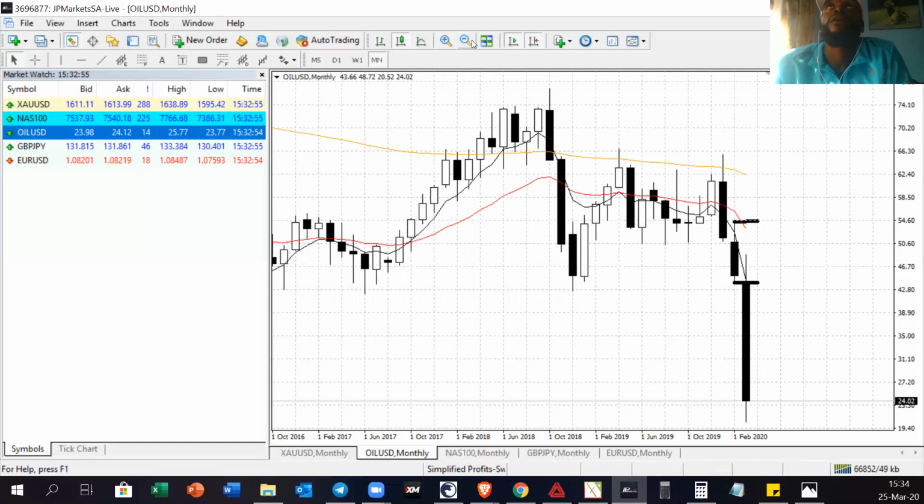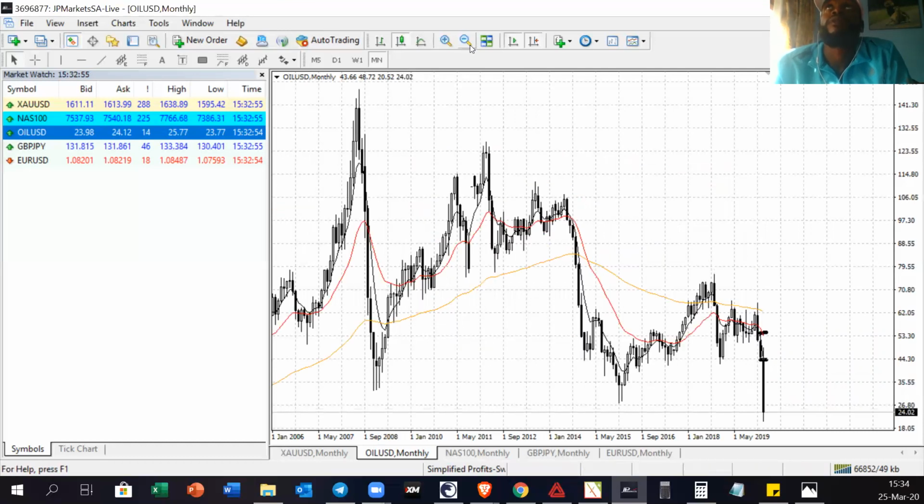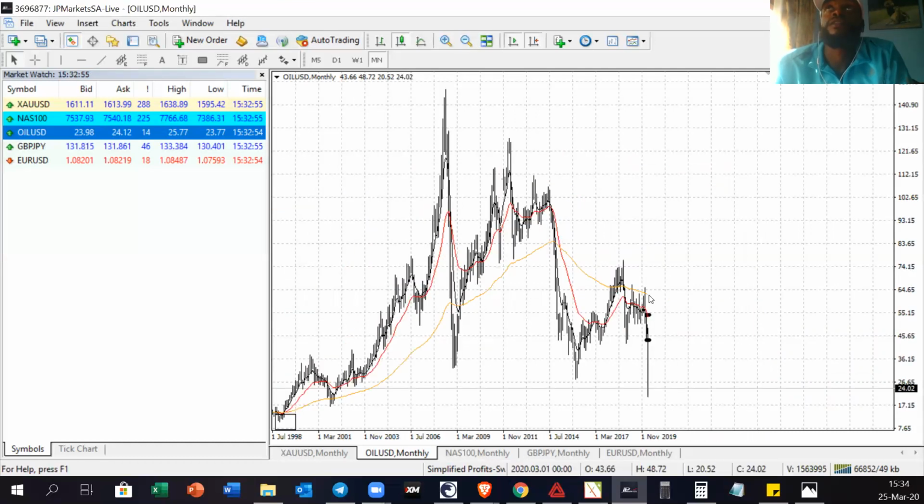And if we look at the market moving averages, price is below the 100 moving average, which is still lagging, still at $63. And the 21 moving average is at $56.